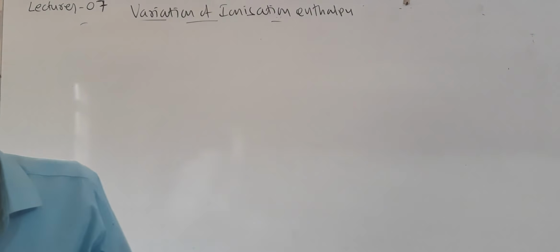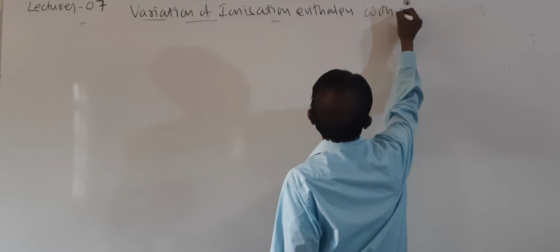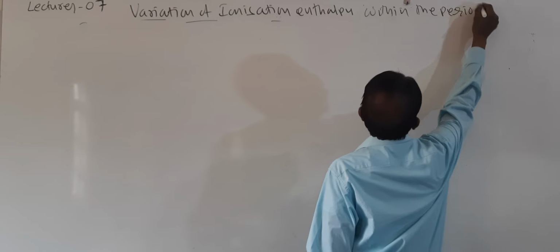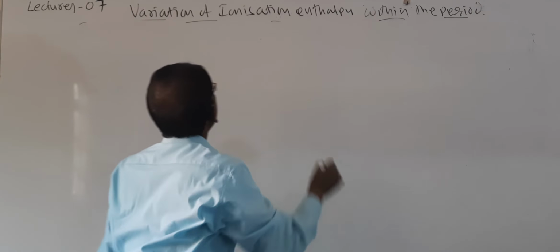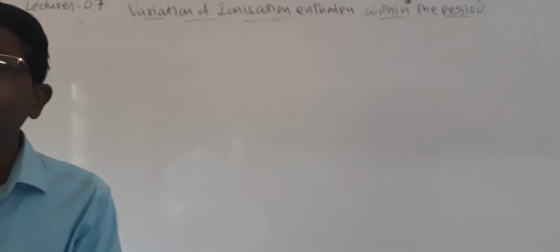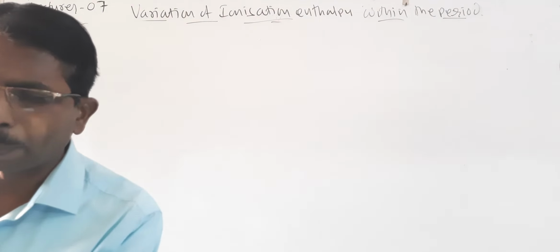Look here students, variation of ionization enthalpy within the period. So let us see here within the period. What happens here within the period?